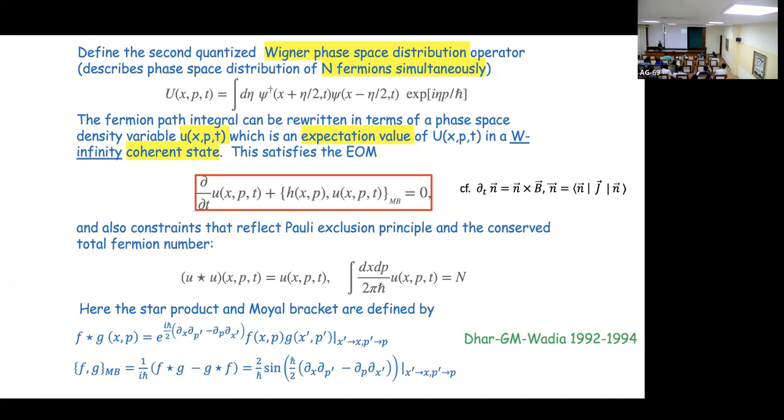But suppose n was finite. I'm not sure. It's hard to beat the actual quantum mechanical calculation in that case. With Ajay, we have looked at the first order deformation of this Moyal bracket thing.